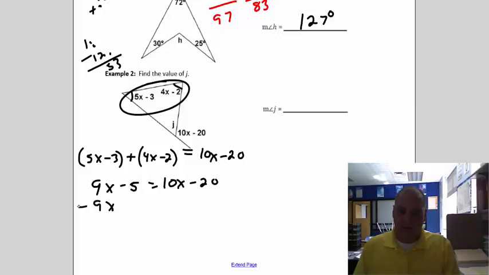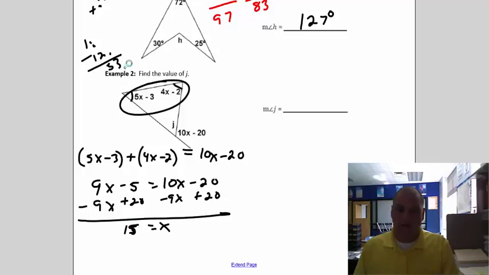Subtract 9x from both sides, and then add 20 to both sides. So we get 15 equals x. So if x is 15, I can do 10 times x minus 20. So 10 times 15 minus 20. That's 150 minus 20, 130. Okay, so this right here is 130 degrees.